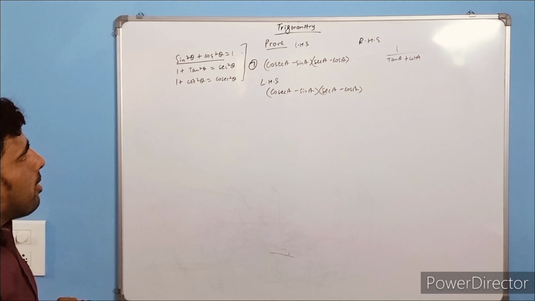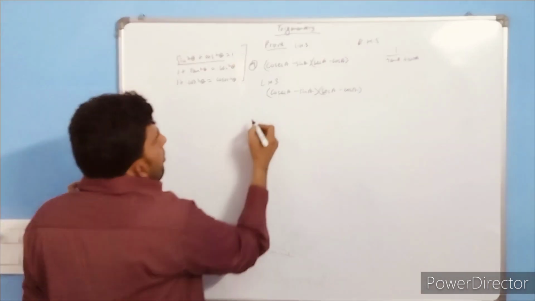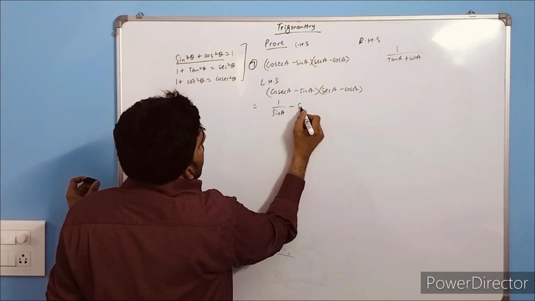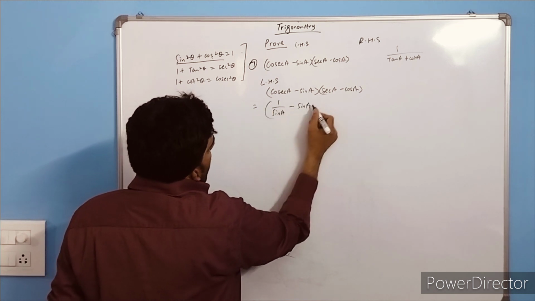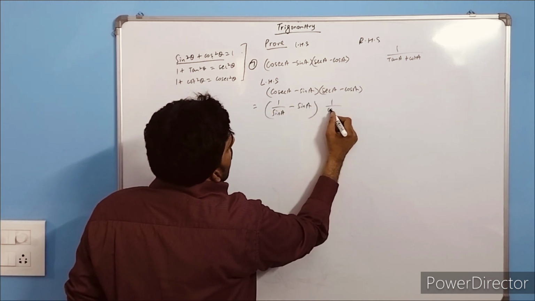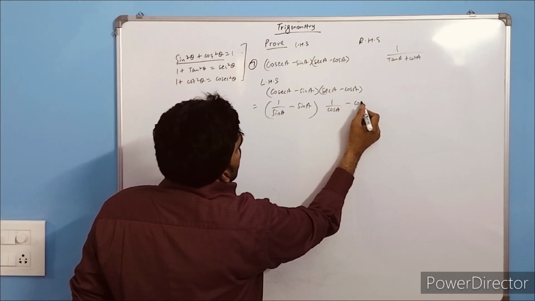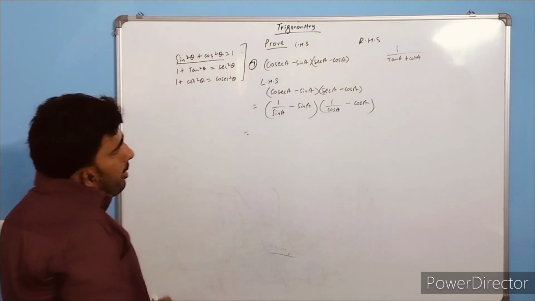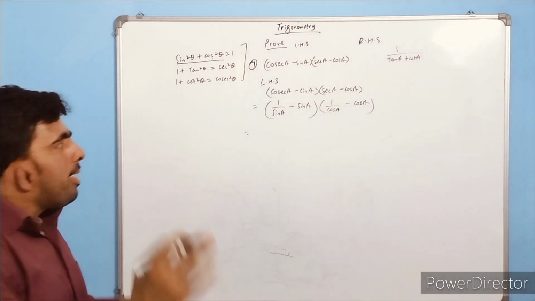What we can do is write cosec A as 1 upon sin A, minus sin A. Now sec A is 1 upon cos A, minus cos A. What can we do further? We can take LCM.